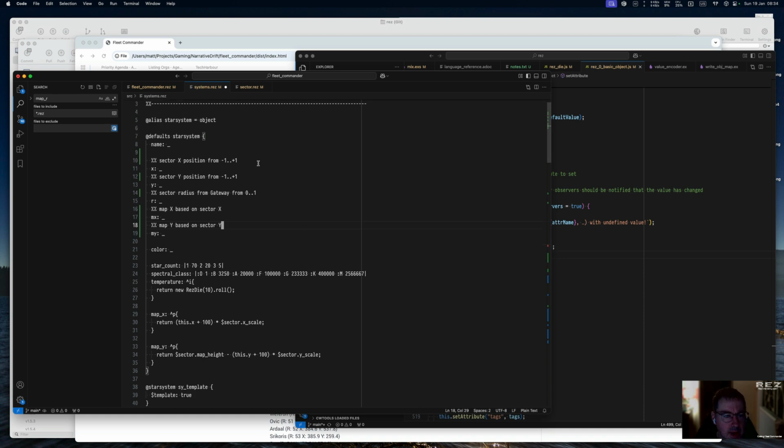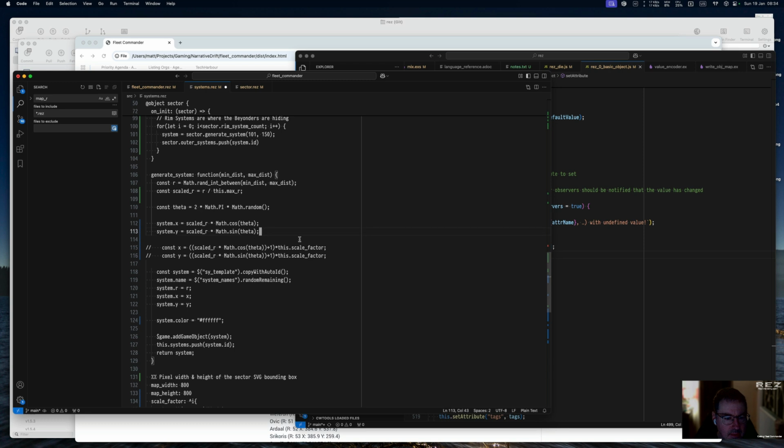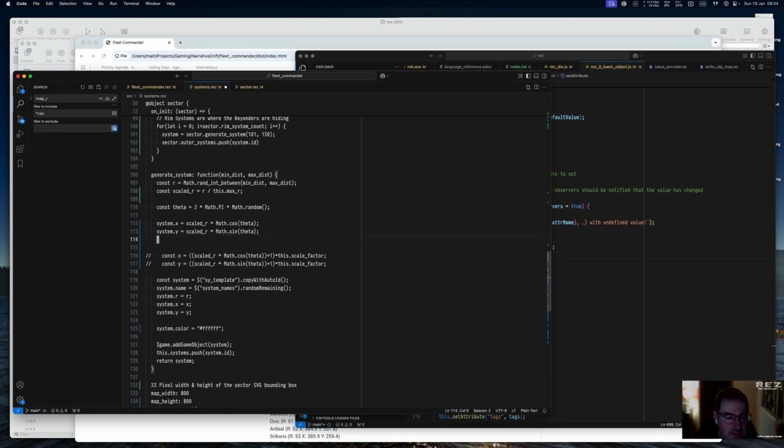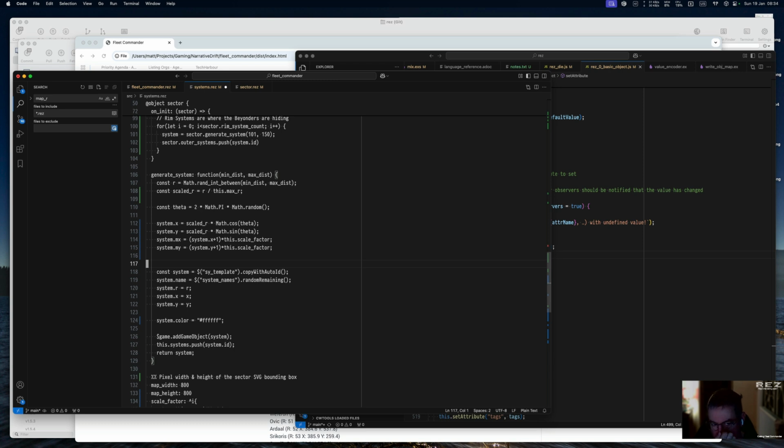Okay, right, so we're going to keep this position because that allows us to calculate hyperspace distances. And now what we're going to have is system.mx equals system.x plus 1. So we normalize to 0 to 2 times this dot scale factor. And system.my is system.y plus 1 times the scale factor. Okay, right.